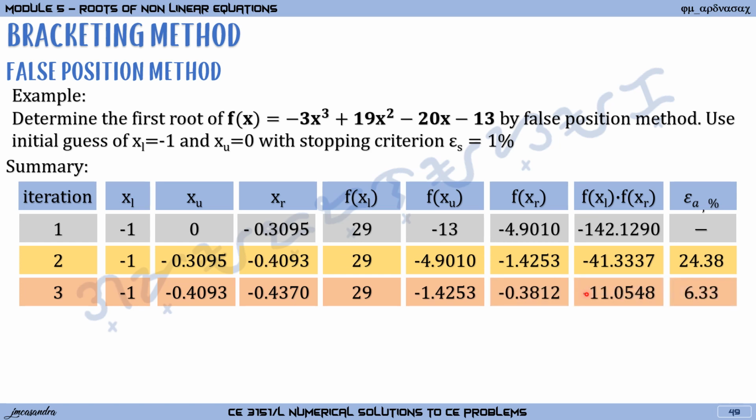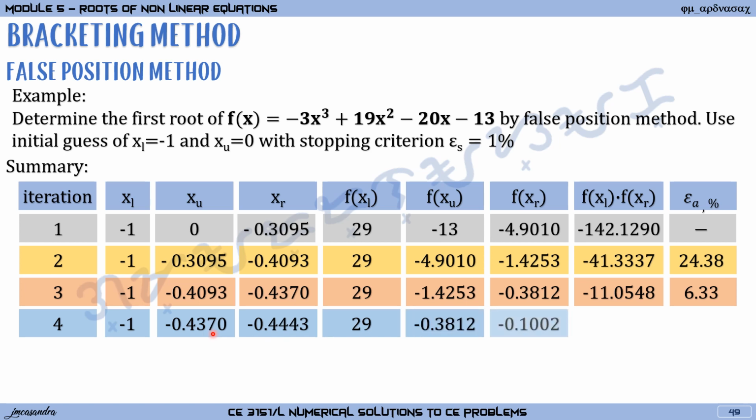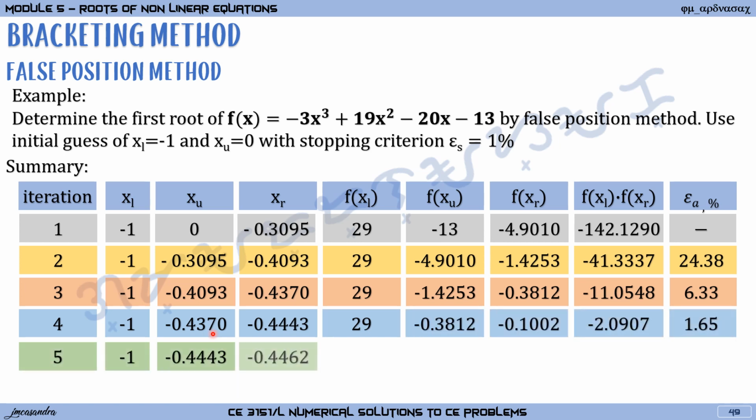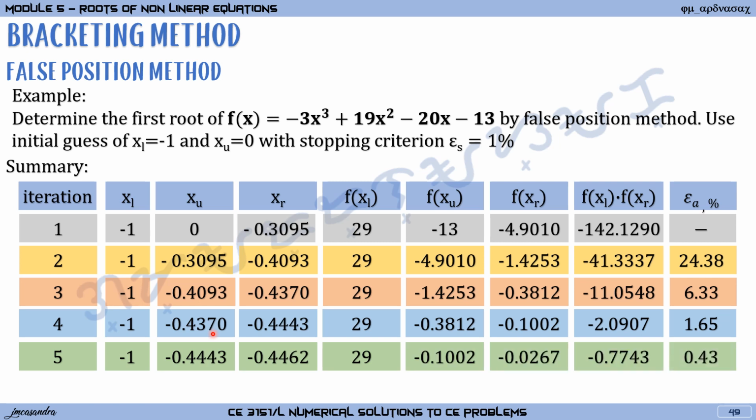Again, the product is negative. So XR now becomes the new XU for the next iteration. Okay. Then we have the fifth iteration, where the error is less than the stopping criterion.